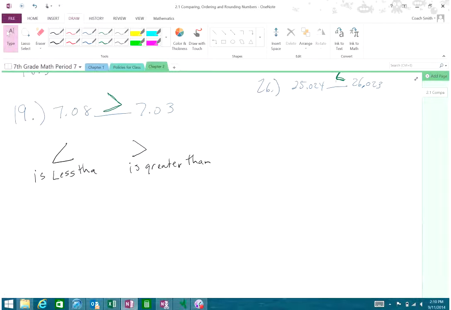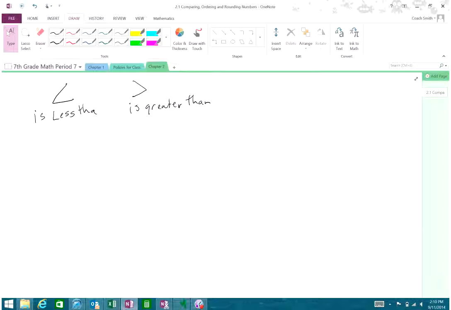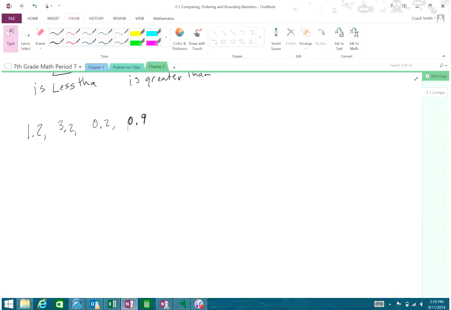All right, now let's look at ordering. Okay, we'll get to rounding here in a second. Ordering: if I give you these numbers, 1.2, 3.2, 0.2, and 0.9, and I want to put them in least to greatest order.